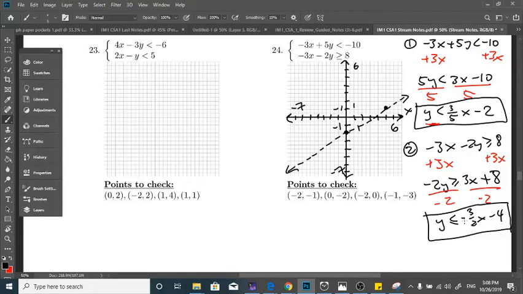Start at, actually let's shade this one first, just so that we don't get things confused. Less than is under. All right, then let's graph the other one. Start at minus 4. And then down 3 over 2. And this one is a solid line, so let's do that.